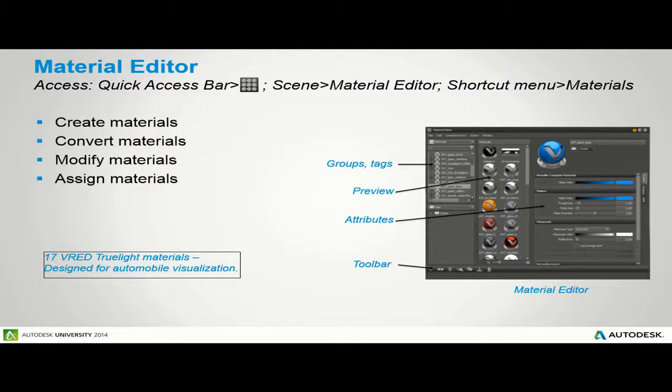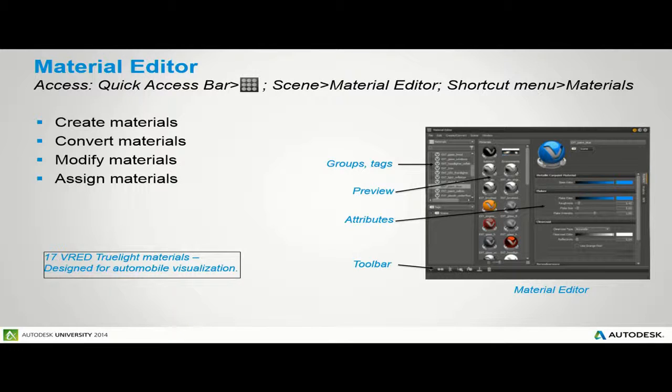The only modifications you might need are the color changes, for example for the car paint material, or sometimes you want to add the clear coat. They are very specific for each material. Then you can modify materials and assign materials.